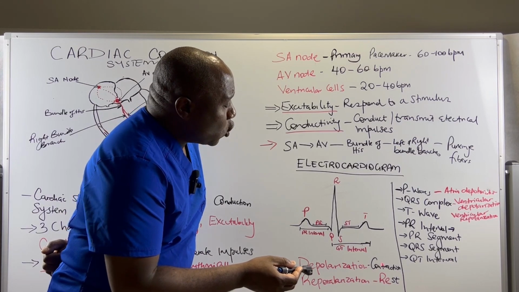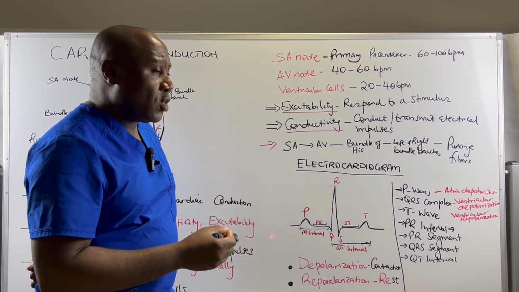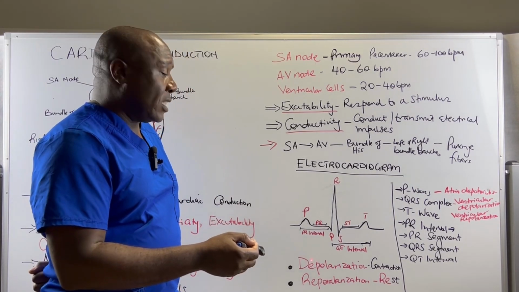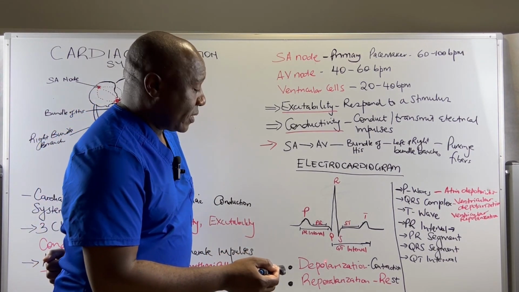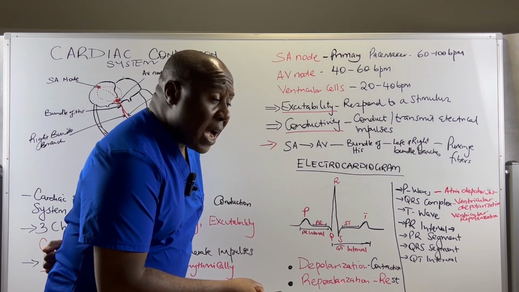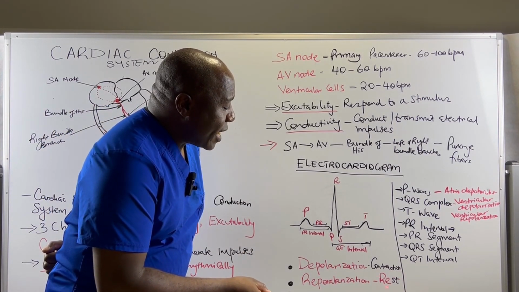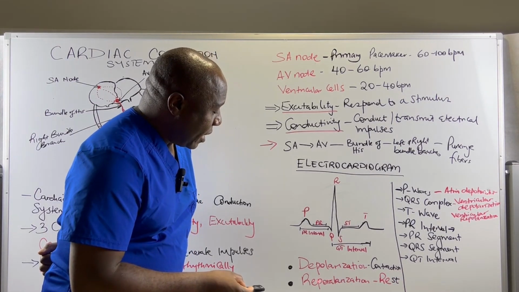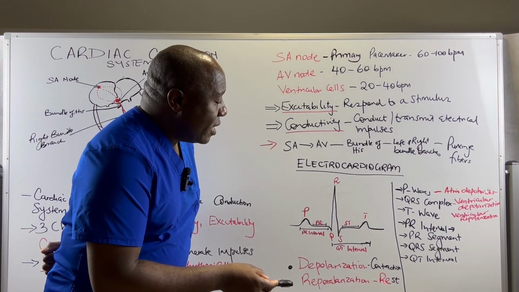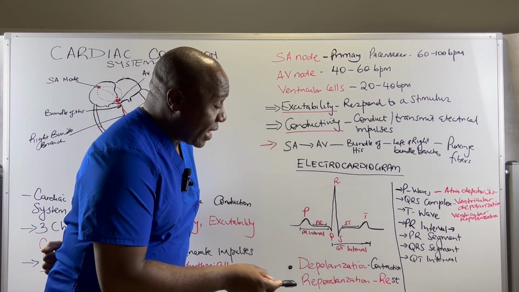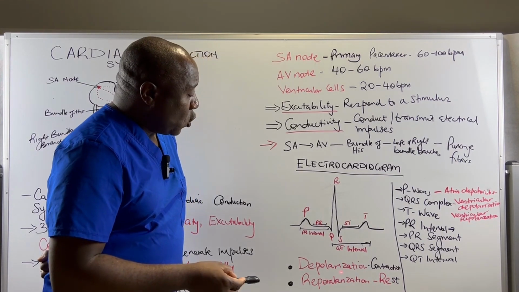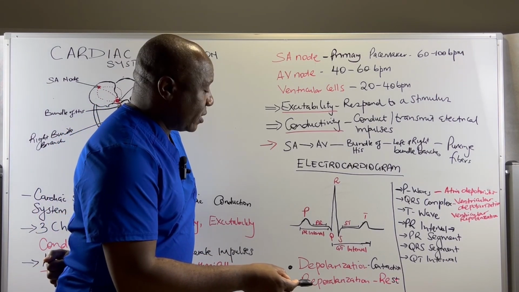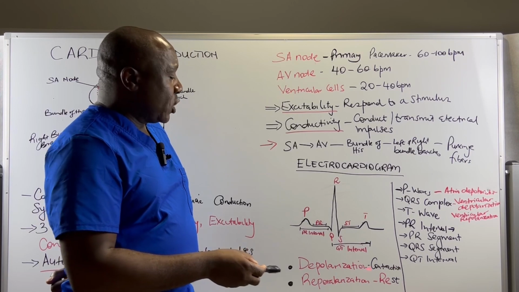Depolarization is contraction mode, when the heart contracts. So when we say the heart depolarizes, we say the heart contracts. Repolarization, on the other hand, refers to rest or relaxation of the heart. Remember, repolarization, then relaxation or rest. So the best way to differentiate them: repolarization is rest, depolarization is contraction.